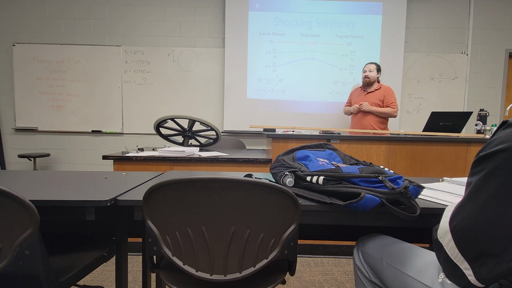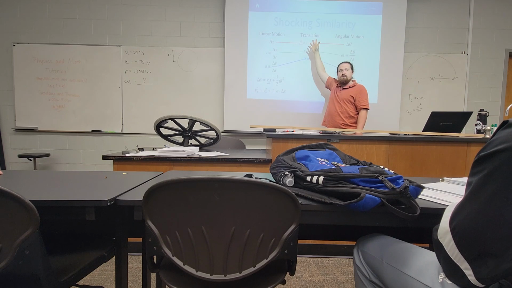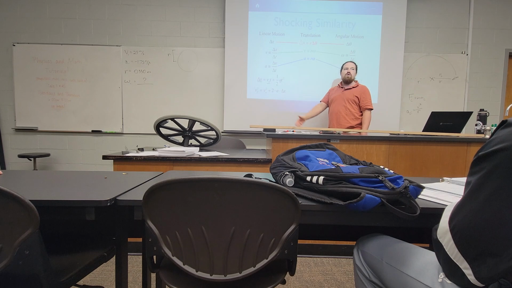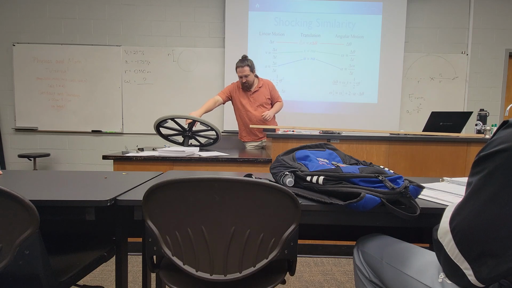What this means is that as something rotates, it will move a certain distance forward based on the size of the wheel. Bigger wheel, bigger radius means it'll actually roll further forwards based on the same number of rotations as a smaller round object. And I'm going to demonstrate that briefly.